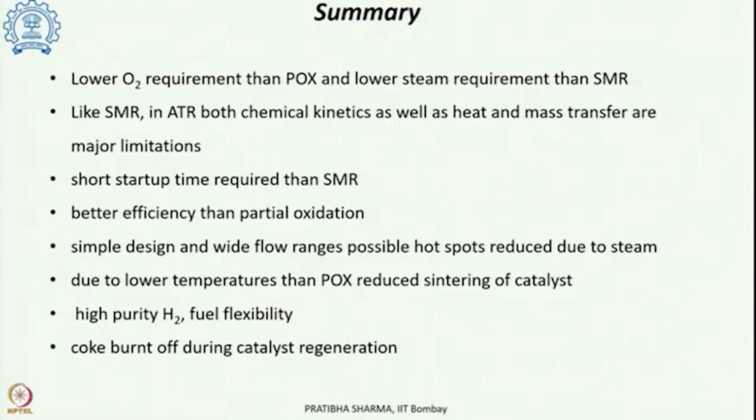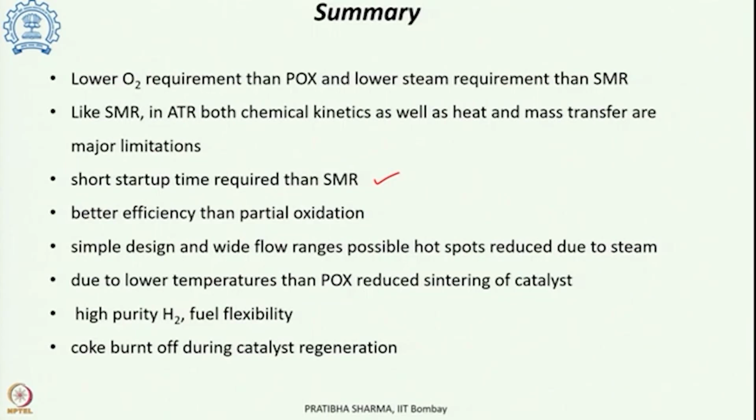Compared to steam methane reforming, since no external heat exchange is required, the heat required for the reaction is provided within the reactor, as such the startup time required is much shorter compared to the steam methane reforming process.